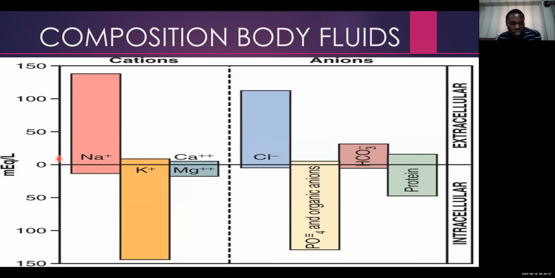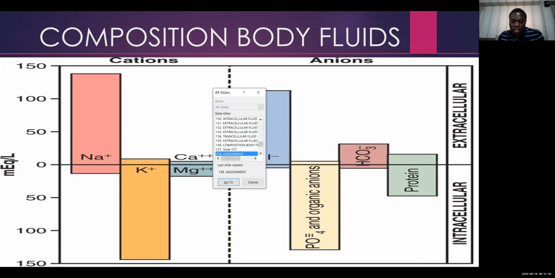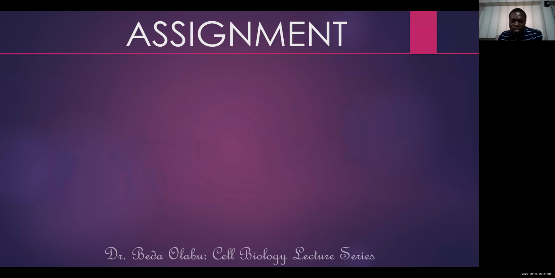How much is potassium within the plasma? Because these are the reference ranges that now you need to be aware of so that you're able to interpret laboratory results of patients. You will look at the concentrations of the different ions in plasma. Then you'll state the functions of those different ions in the body. That would be your assignment.